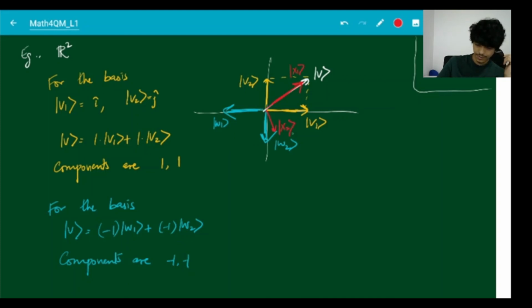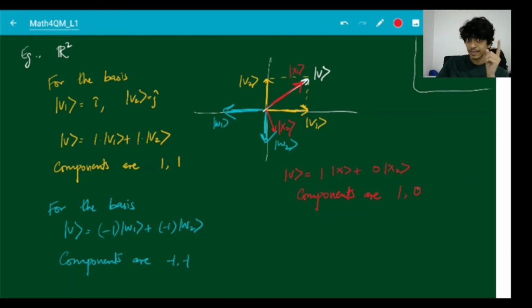Now in this basis, I can write my vector v as just x1 and no contribution from x2. So now my components in this basis are 1, 0. So in general, any two linearly independent vectors I can pick as my basis, and then depending on what basis I have chosen, the components of my vector will change.